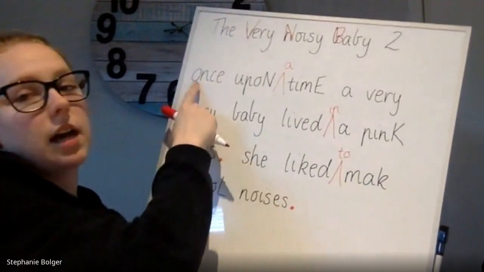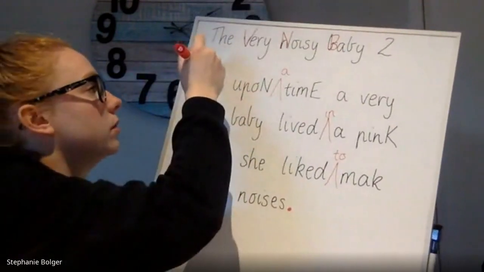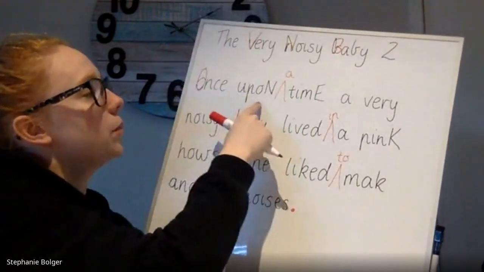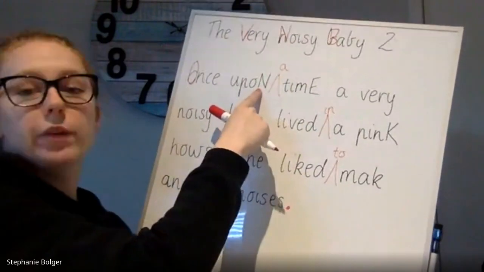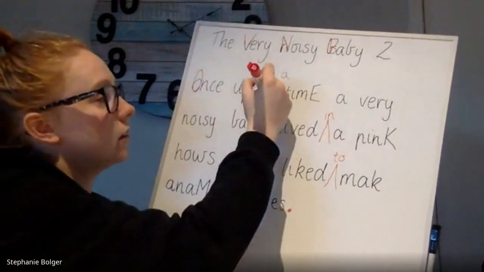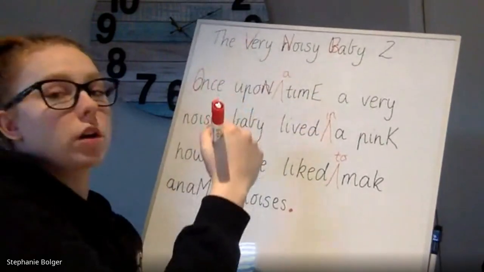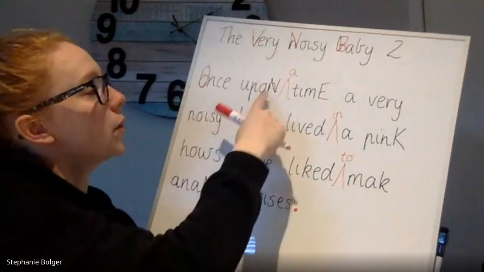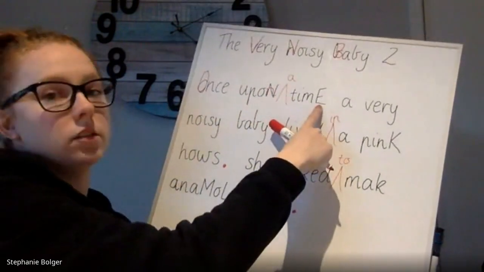Once, start of a sentence, need a capital. Once upon, capital N in the middle of the word, don't need it. Fix that to a lowercase. Once upon a time, don't need that.